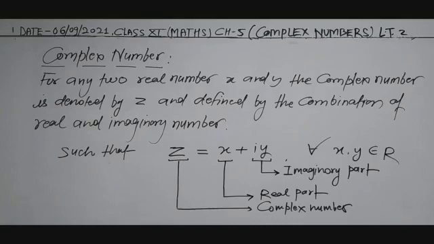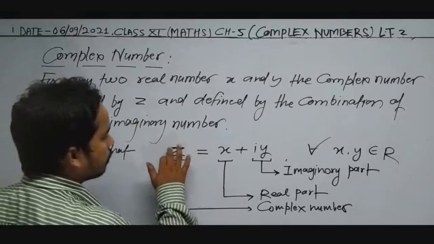So for any two real numbers, the complex number is denoted by small z and defined by the combination of real and imaginary number. It means we can say the complex number is a combination of two parts or two numbers. One is real, second is imaginary. So this is the exact definition of complex number.